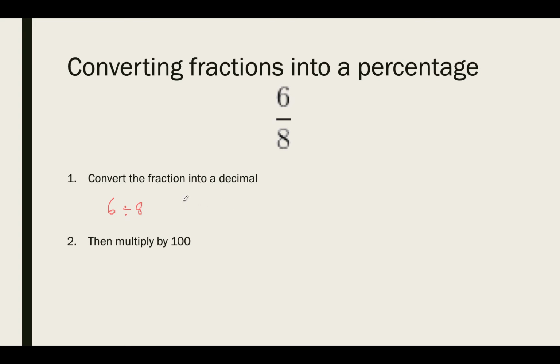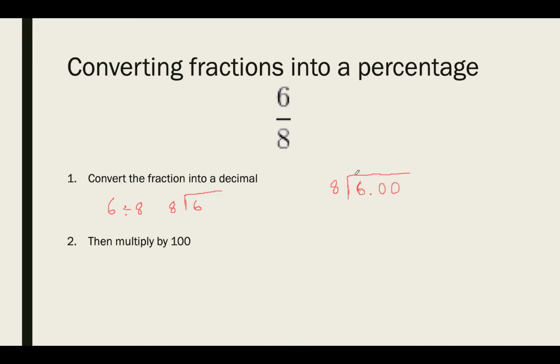So let's say we didn't have a calculator, we can always use the bus stop method, where you put 6 here and 8 here. In fact, we'll give ourselves more space, we'll do it just here. So 6 on the inside, and we've got 8 on the outside. How many times does 8 go into 6?